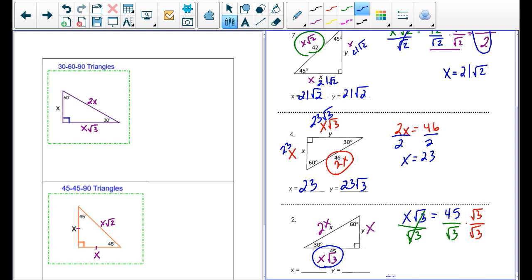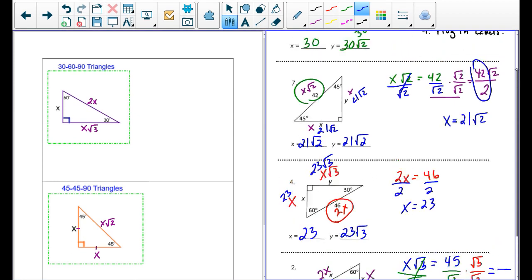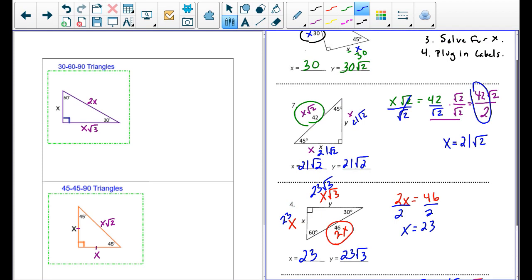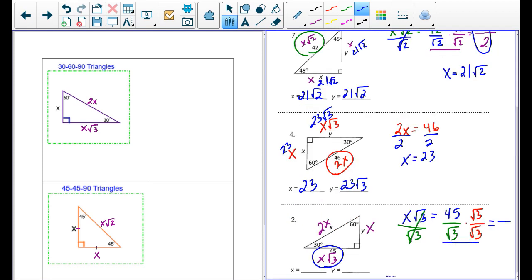So then this bottom is going to become what? Look at number 2 here. Up here, it became a 2, right? So these square roots of 3 are going to become what? 3. So it becomes a whole 3.